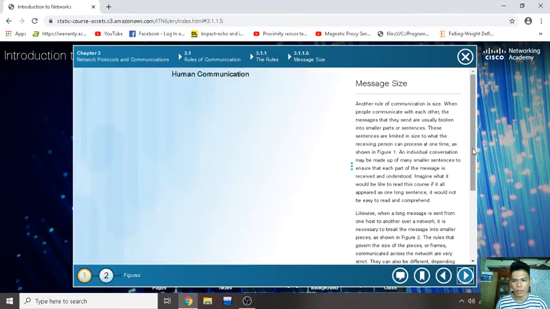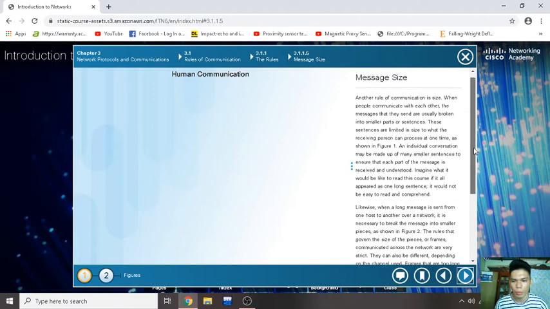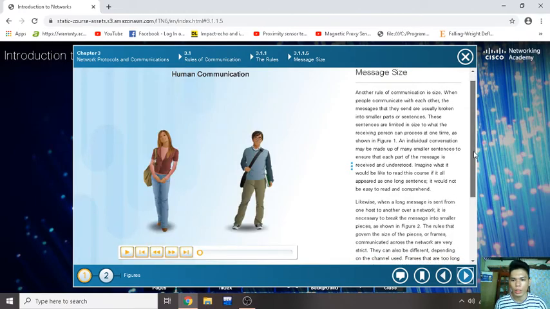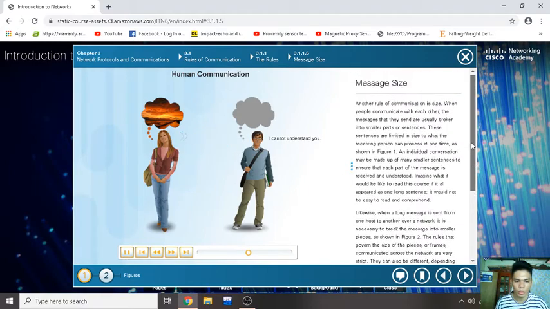is the message size. Another rule of communication is size. When people communicate with each other, the messages they send are usually broken into smaller parts of sentences. This is an example of message size.